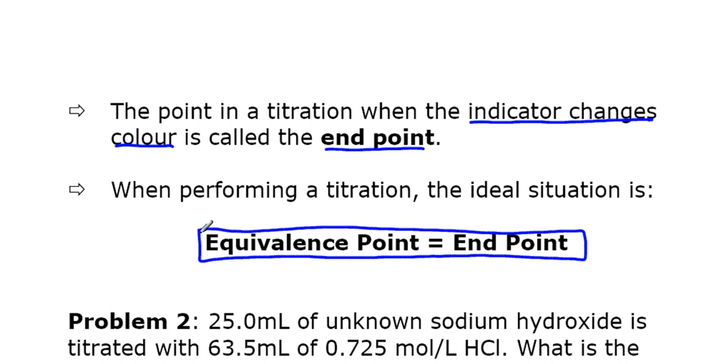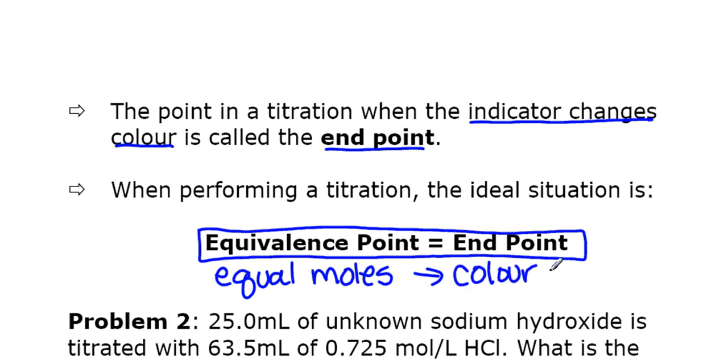You want the number of moles that are going to react to be equal when the color change occurs. You wouldn't want your indicator to change color too early if your reaction isn't complete.